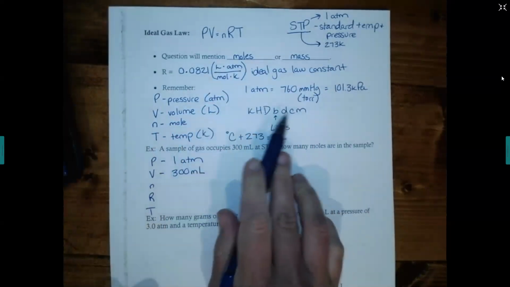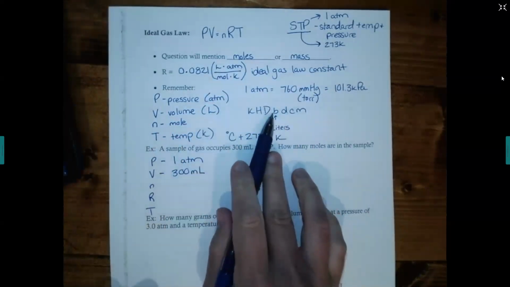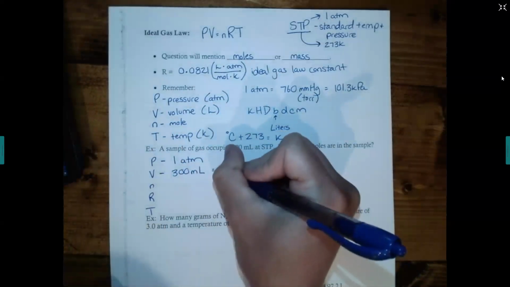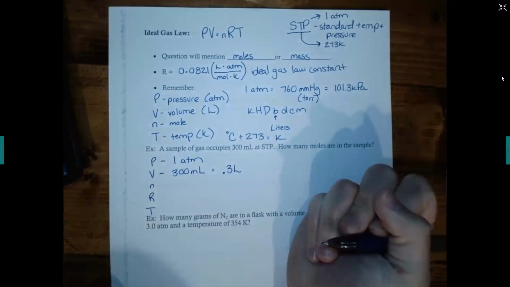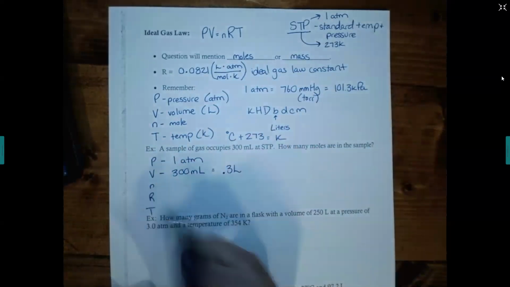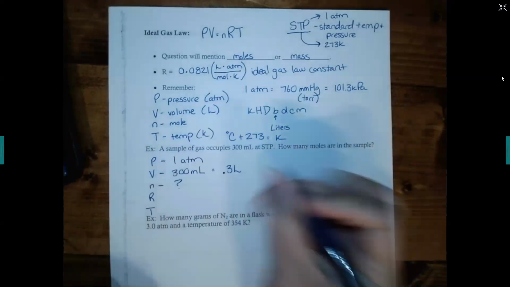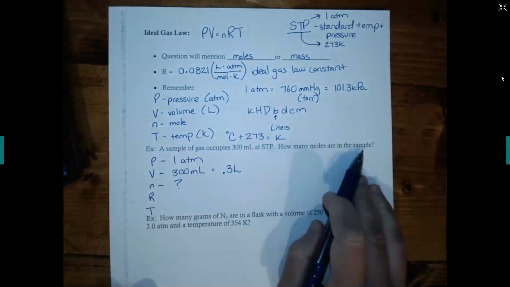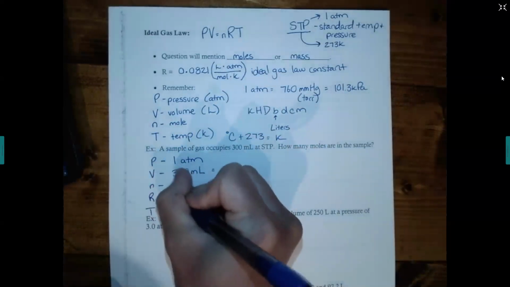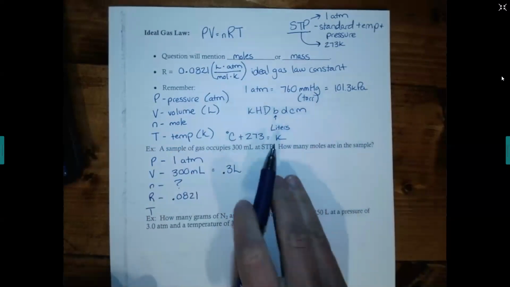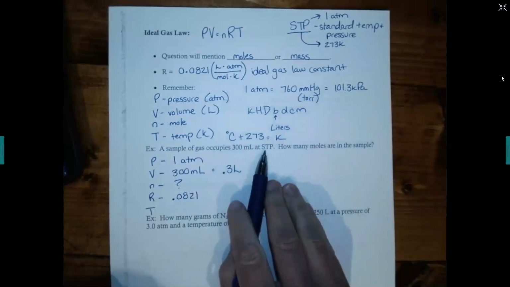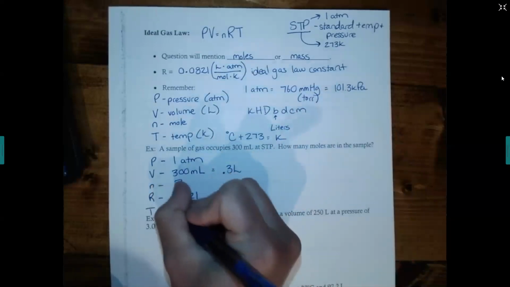So milli to the base unit, 1, 2, 3 to the left, so this is 0.3 liters. And then our moles, we don't know, because that's what we're solving for. R is always 0.0821. And then our temperature is standard temperature, which is 273 Kelvin.